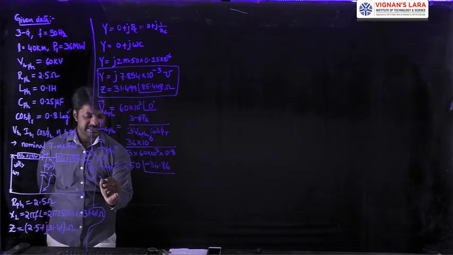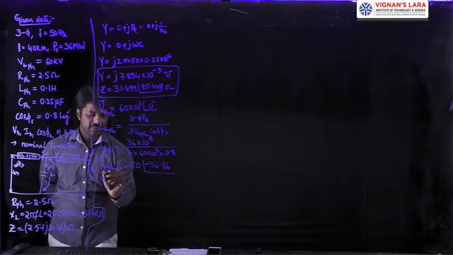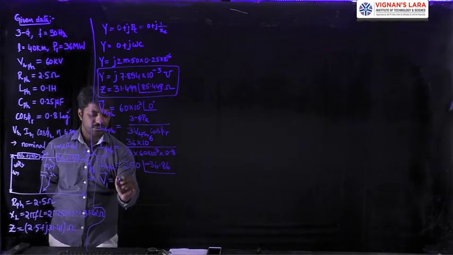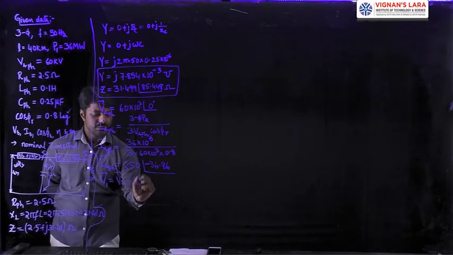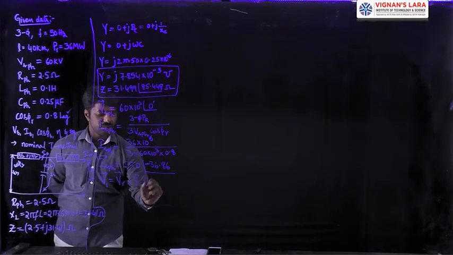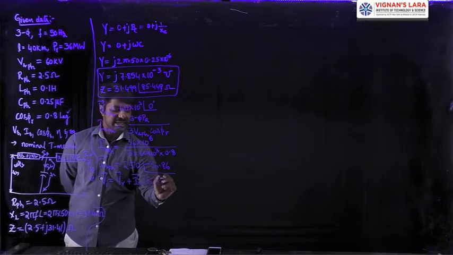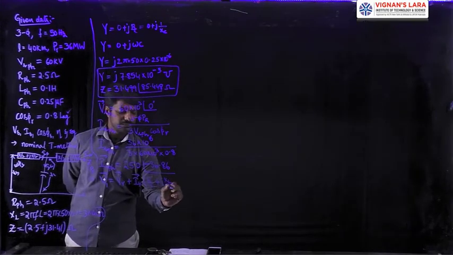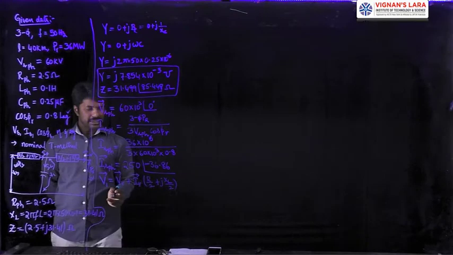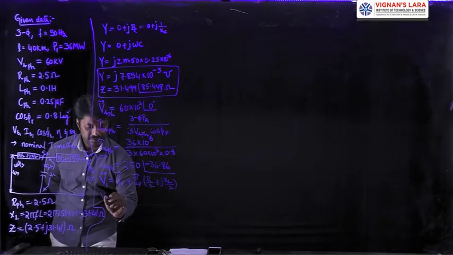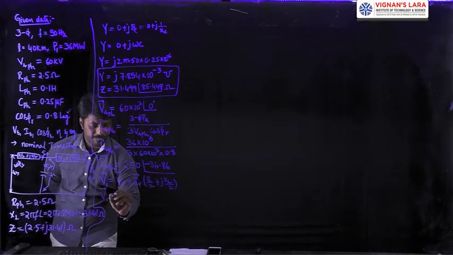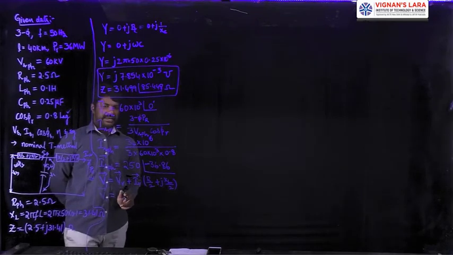So my immediate step is to get this V1 phasor, which is equal to VR phasor plus IR phasor into Z by 2, called R by 2 plus j XL by 2. Then the V1 phasor is equal to VR, which is taken as reference.